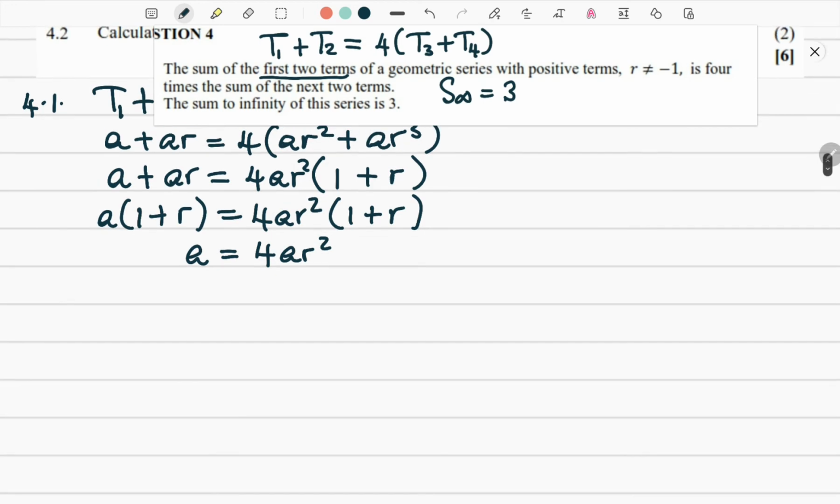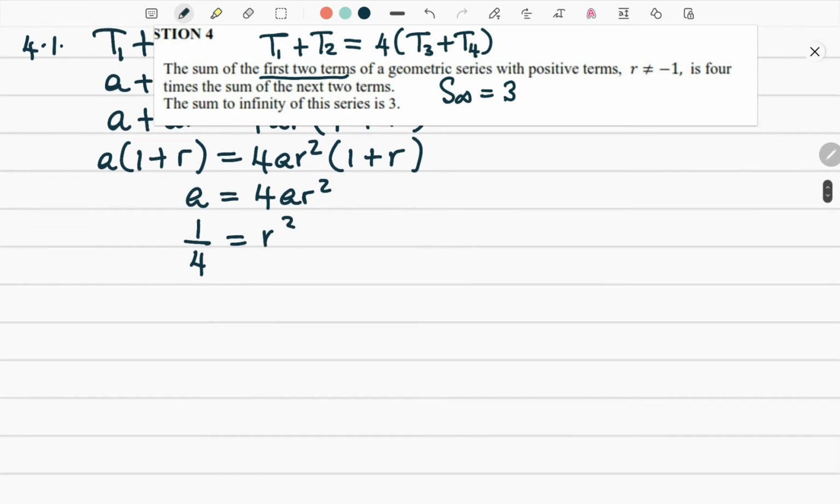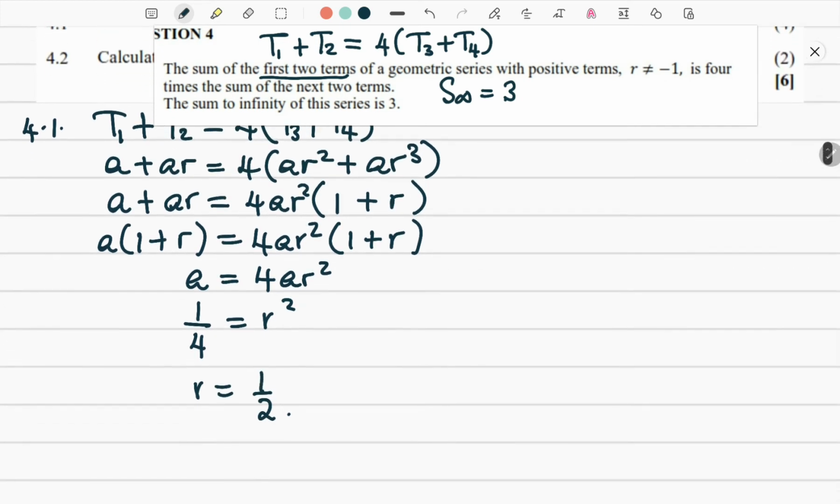We can divide both sides by 4a to cancel, and we're left with r squared equals one quarter. Then we apply the square root, and this is the answer they were looking for.